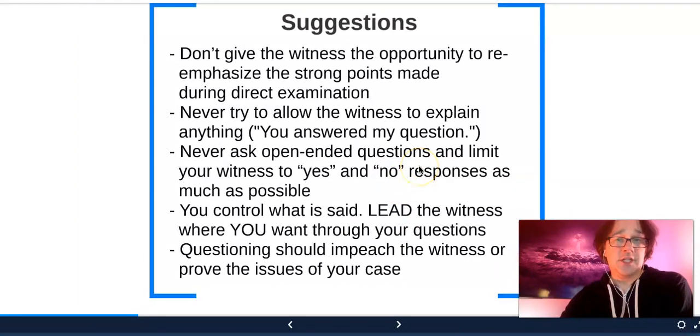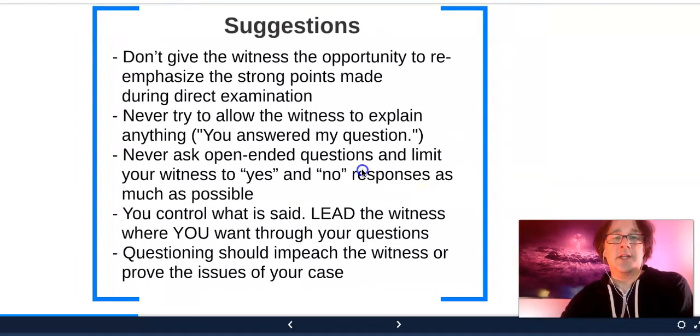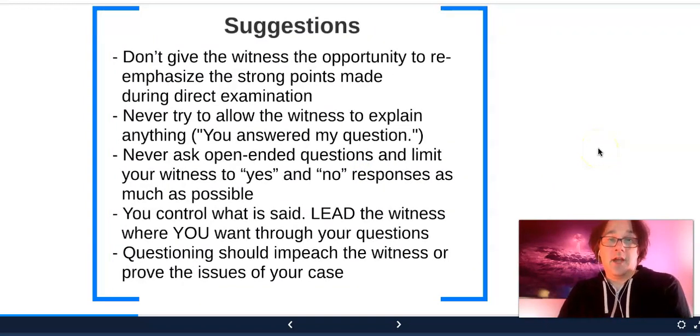So some suggestions for cross-examination: don't give the witness the opportunity to re-emphasize the strong points made during direct examination. So as soon as they start to reiterate, once they start to repeat or re-emphasize any of this powerful testimony that they gave during direct, just make sure to cut them off.